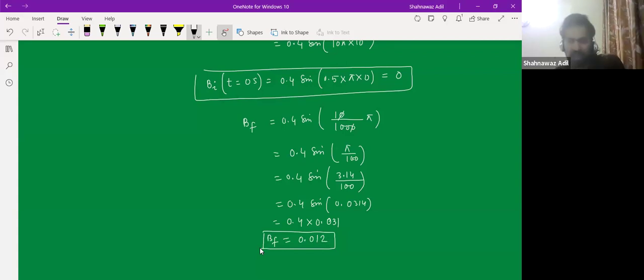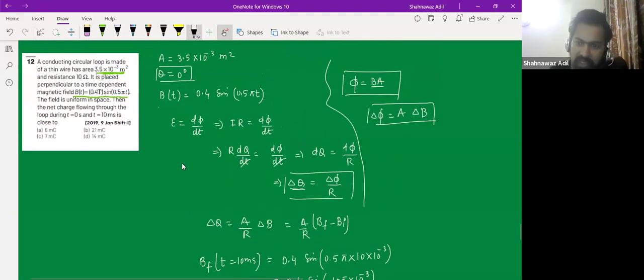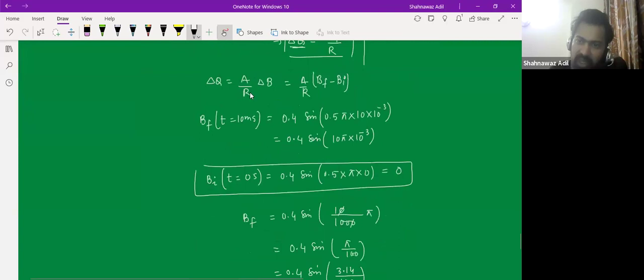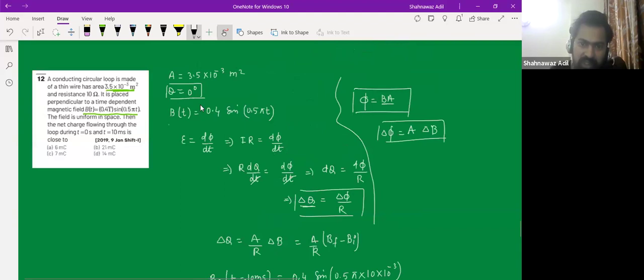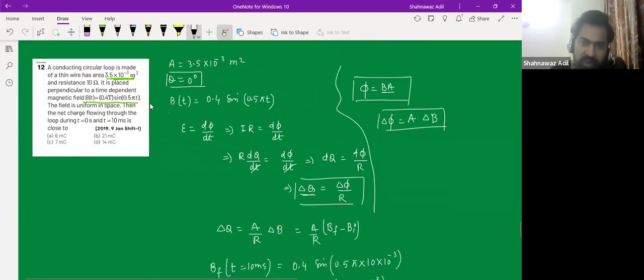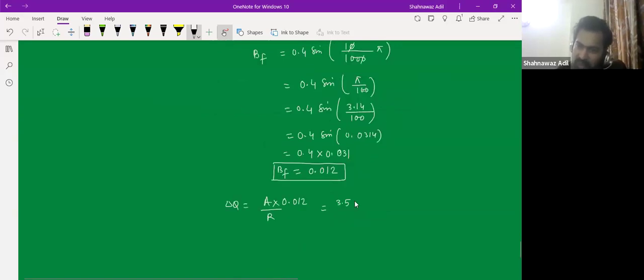Now we have to find out the net charge, and that is equal to A by R. So net charge would be A by R, and then this magnetic field, which is 0.01. So area is given, which is 3.5 into 10 to the power minus 3. So 3.5 into 10 to the power minus 3 into 0.012 divided by resistance.